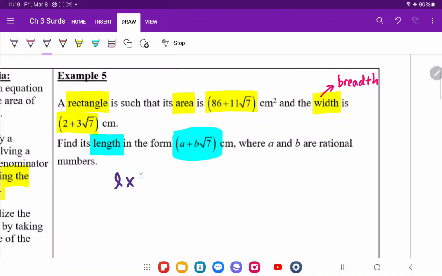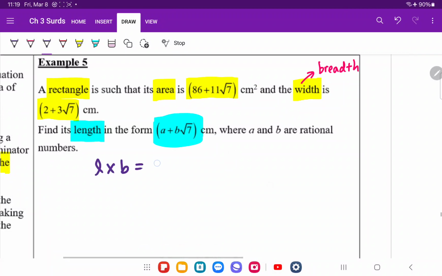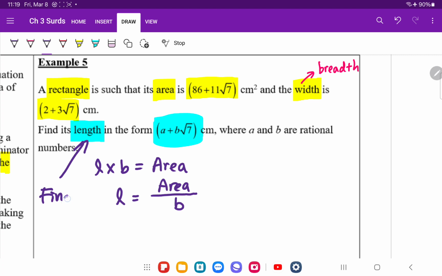Length times breadth equals to area. Now after which, can you make L the subject? So L becomes what? Because they want length, right? Length is actually area over breadth. Agree? Because the question wants length, right? The question says find length. Agree or not? I'm just rearranging the formula.